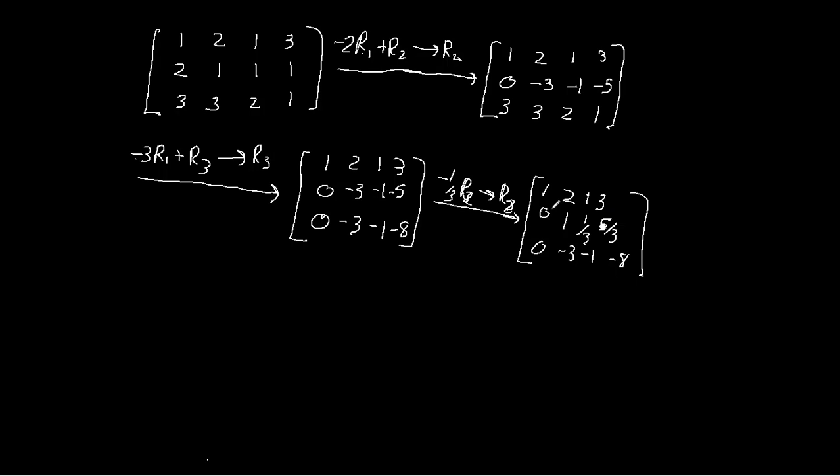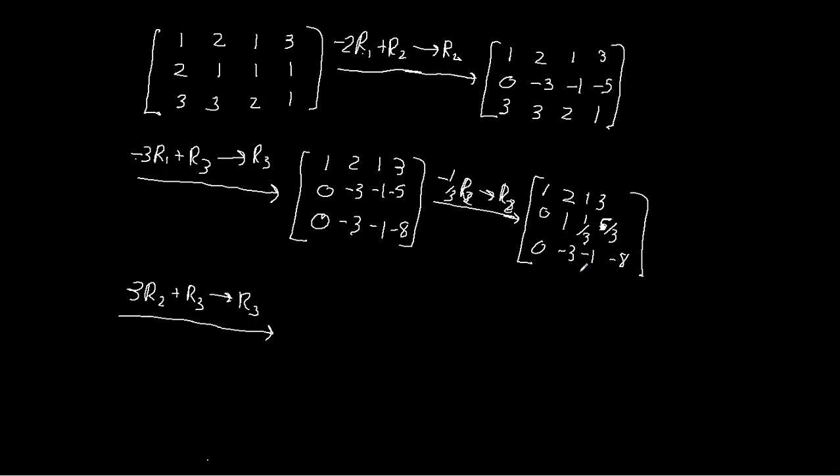So now we have to make this a 0. How do we make this a 0? Well, we add to it 3 of this row, right? So now we're going to do 3 row 2 plus row 3 is going to go into row 3. Right, that's going to make this a 0.